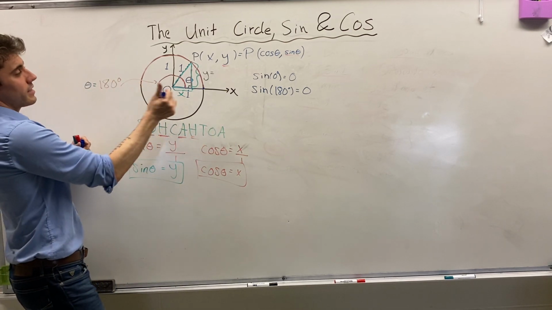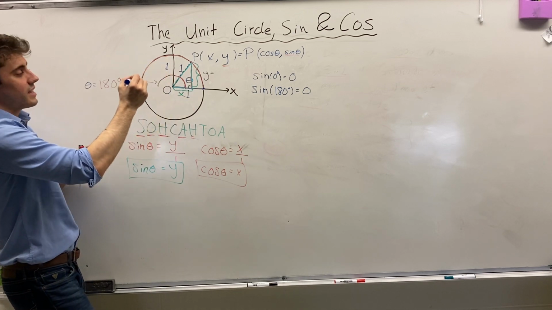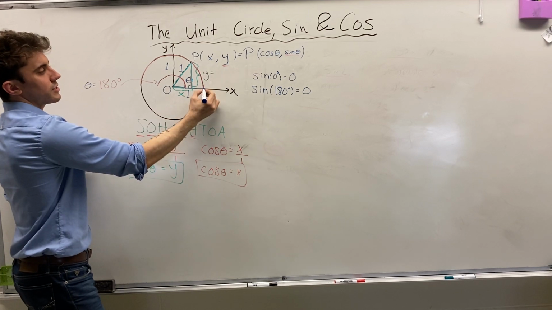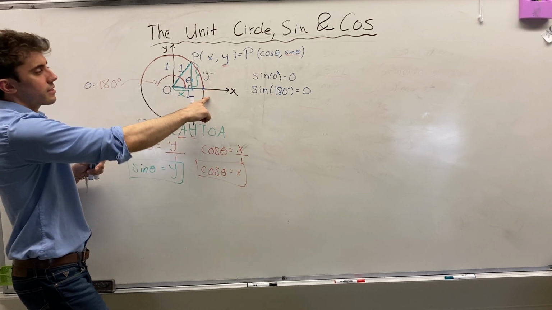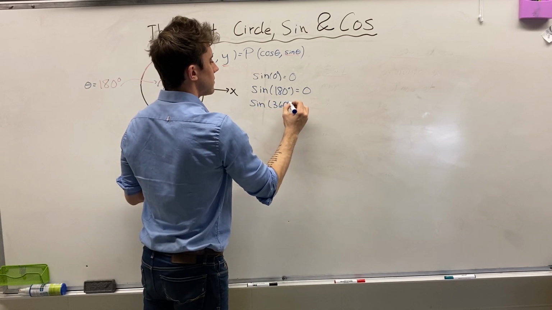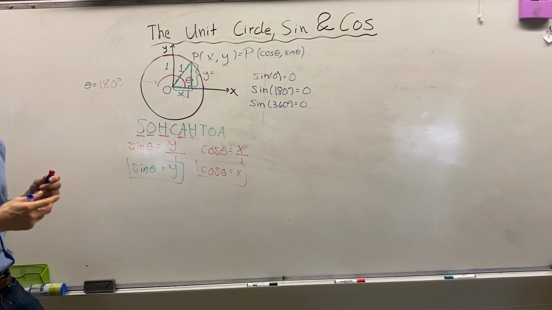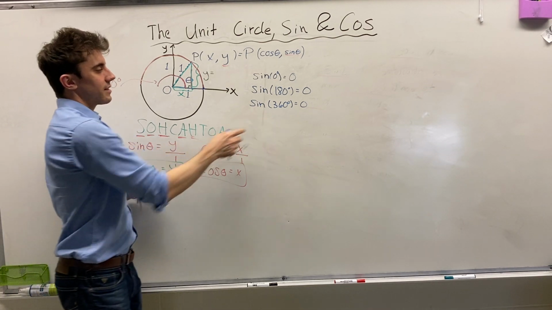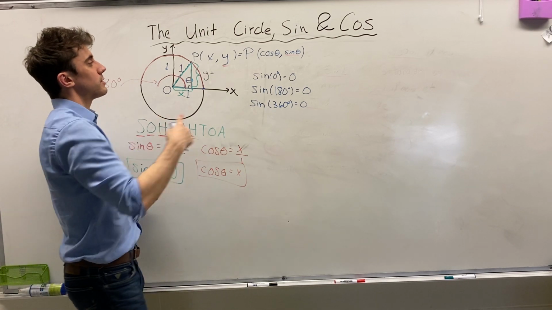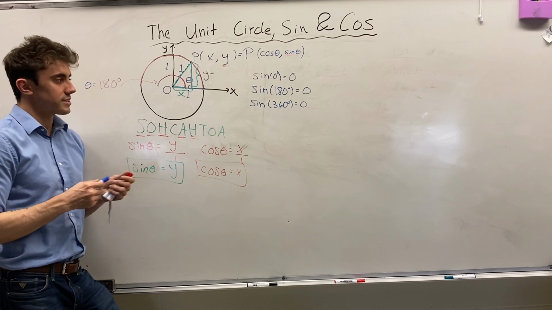And then if we kept going, if we did a full 360 rotation of theta, we would end up back at a full circle's worth of rotation, back at the point we started out with. And so we also get that sine of 360 degrees is equal to 0. Those are kind of the first points that we would look at memorizing to lay the foundation of our understanding of the unit circle, which is so important for all of you that are studying calculus in university.